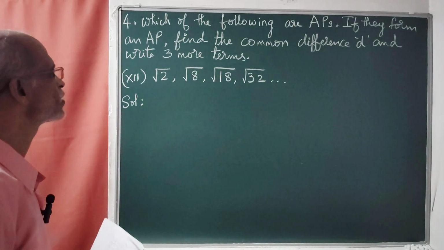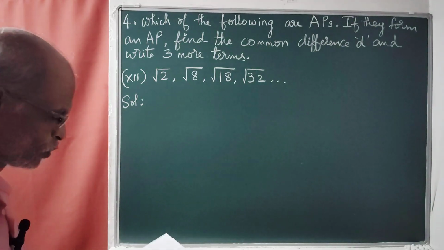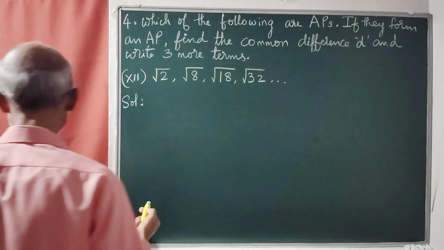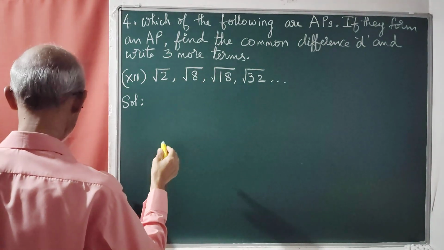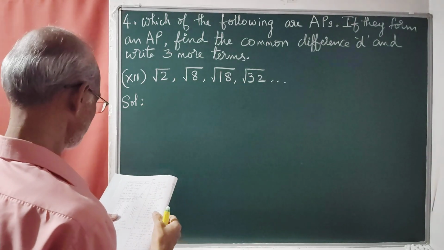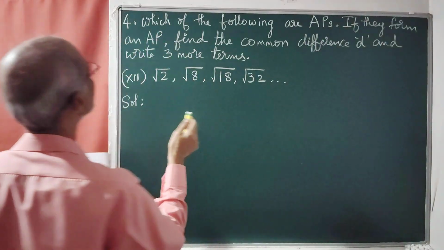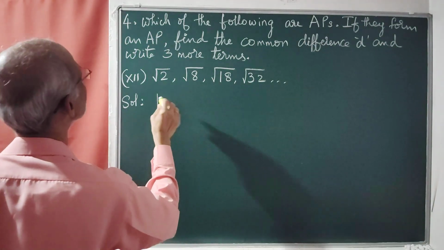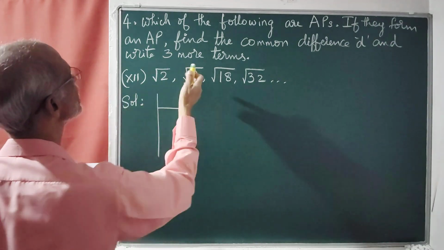For doing that, first we have to write these terms in the simplest form. To write them in the simplest form, we have to find the prime factors of 8, sorry, prime factors of 8.